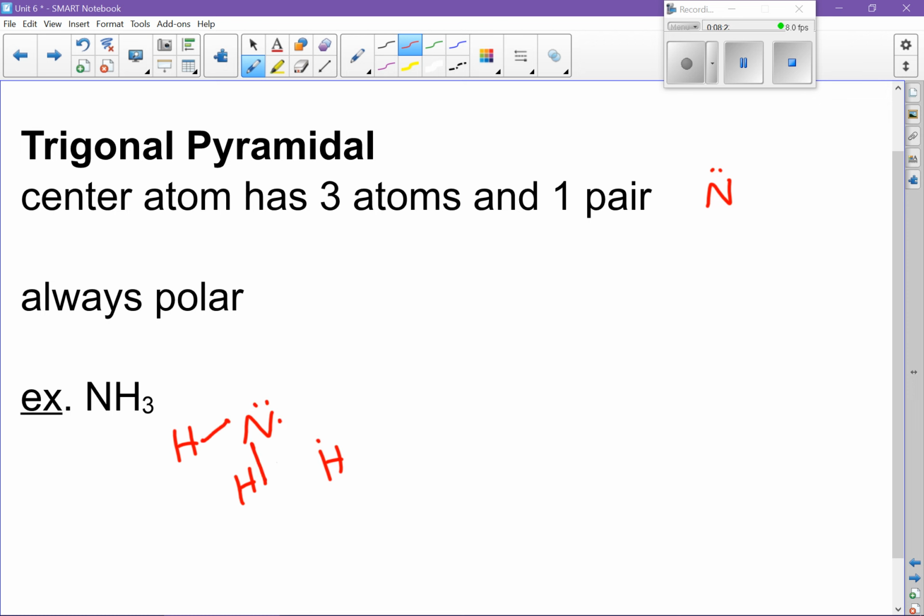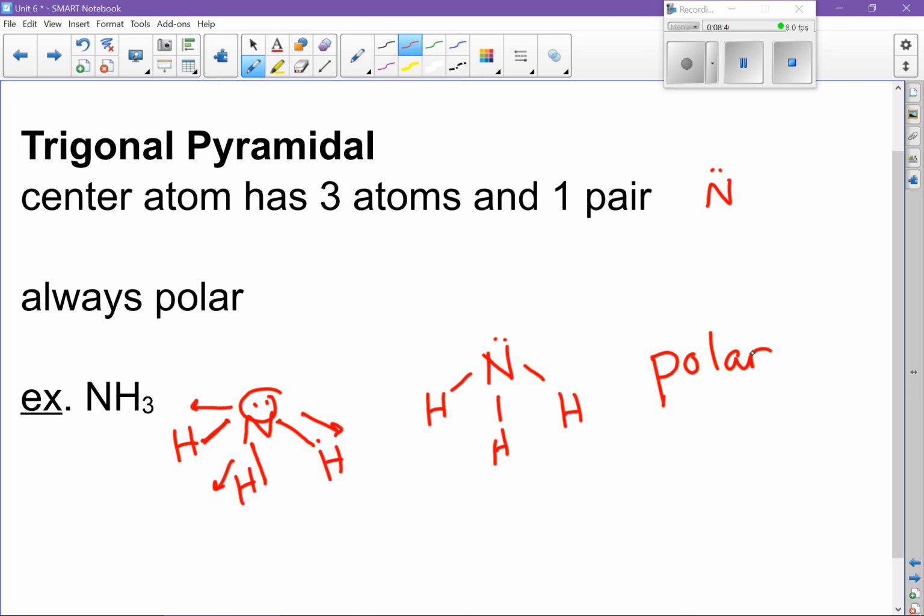Connect all my unshared electrons. So I've got 3 atoms here connected to my nitrogen and 1 extra pair. That's the reason that I identify it as trigonal pyramidal. Once you decide on that shape, then you automatically know that your molecule is polar. That's all you have to know.